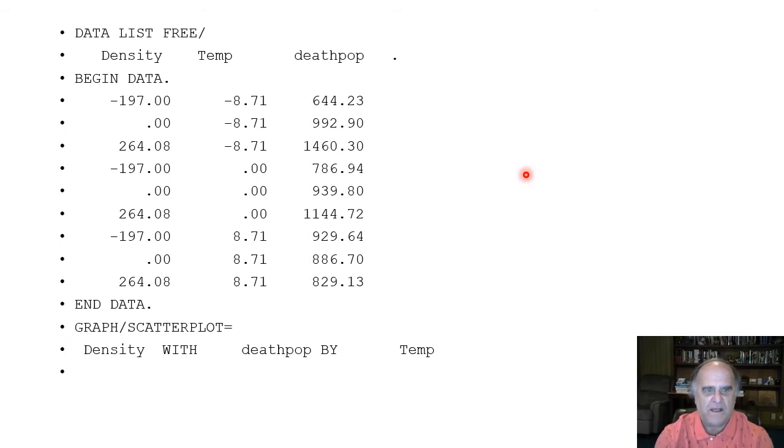So there are 3 ways I could do this. I could take the data and put it into Excel, or put it into the data editor of SPSS, or, which is the easiest and which is what I did, I can just copy this syntax and load it into SPSS, and it will provide me with my graph or chart.